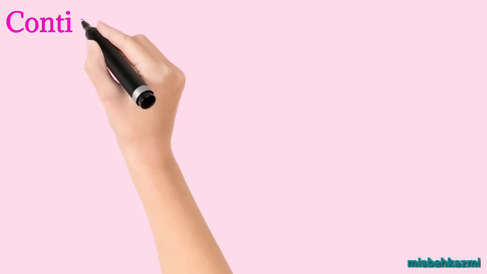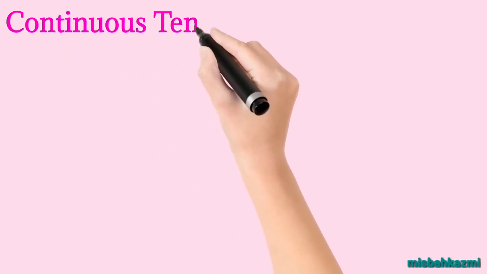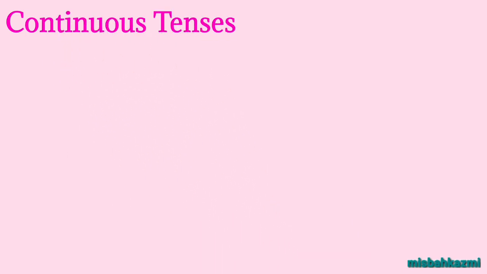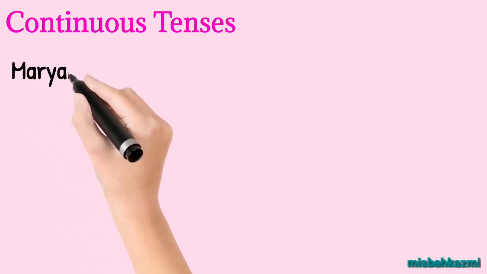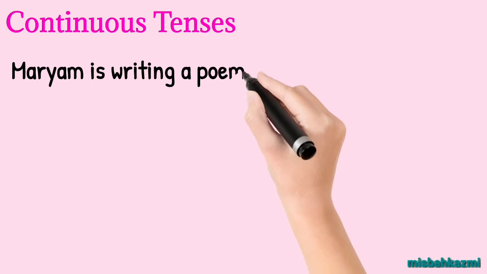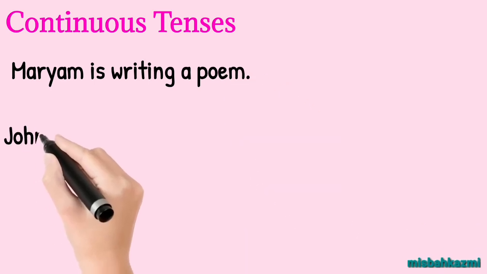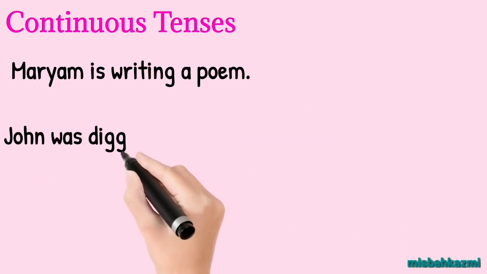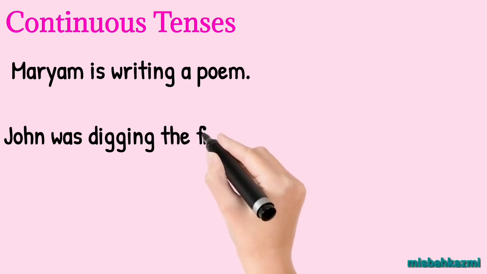Now we will discuss continuous tenses. First one is present continuous tense: Maryam is writing a poem. Second sentence is past continuous: John was digging the field.